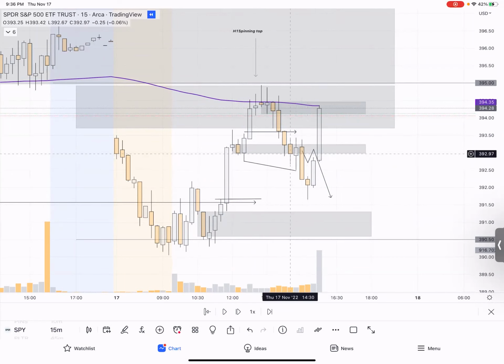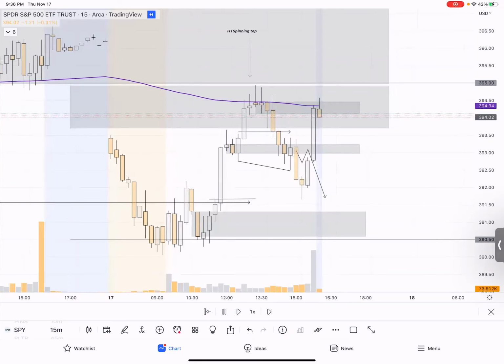So the reason for price coming down is to tap in, sweep these stop losses down here to fill in this imbalance before coming back up to the most extreme supply zone or the 200 moving average. Let's see how this plays out.